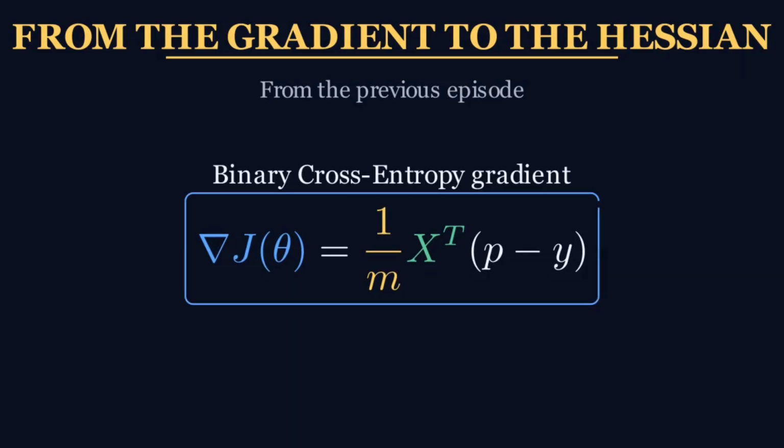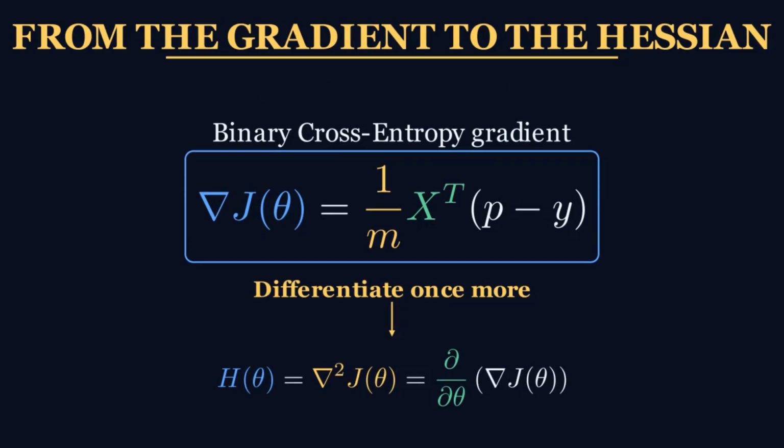Now, thankfully, we've already completed most of the mathematics. In previous episodes, we derived the gradient of the binary cross entropy loss and showed that it was equal to 1 over m, X transpose (p minus y). Since the Hessian is simply the derivative of the gradient, all we have to do is differentiate this one more time. I'm not going to go through each step of the differentiation process, but there will be a montage.